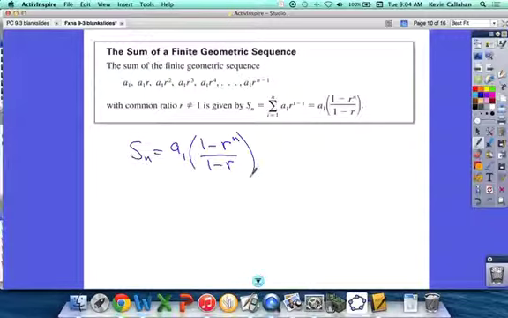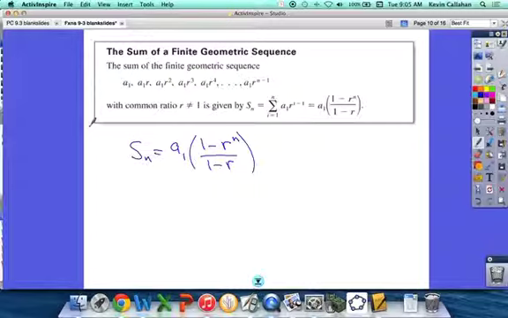Should be a little familiar, right? What are all the things we need to plug into that? We need to know the first term, we need to know the R, and we need to know the number of terms that we're adding up. Interestingly, unlike the arithmetic, we don't need to know the last term, which makes it in some ways easier.